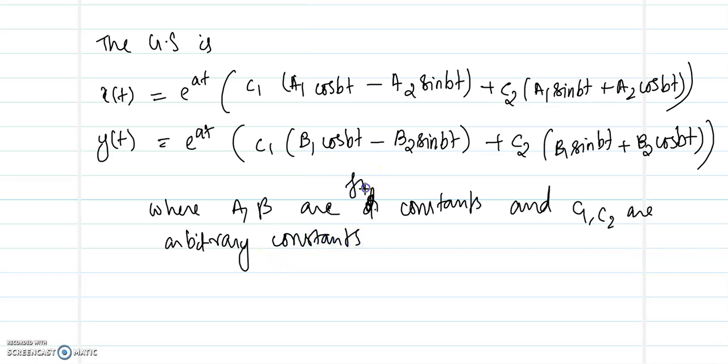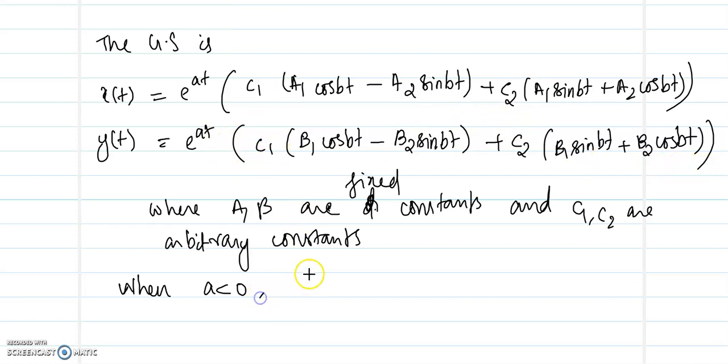So a and b will be fixed constants and c1 and c2 will be arbitrary constants. Now first let us assume the case where a is less than 0. So when a is less than 0, the entire term is multiplied with e raised to at. x(t) is e raised to at into this term, and in y(t) also you have e raised to at into this term.